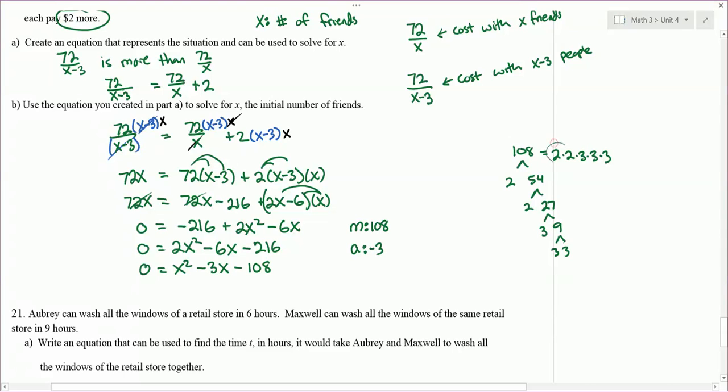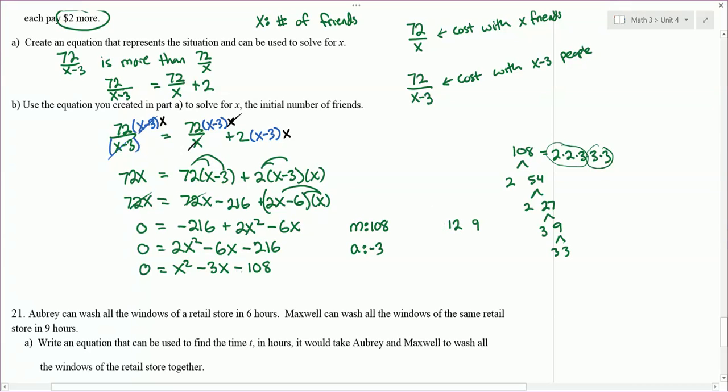Well, we could do 2 times 2 times 3 and 3 times 3. Well, 2 times 2 times 3 is 12. And 3 times 3 is 9. So we know 12 times 9 is 108. Can we make a negative 3 out of that? Not quite, if they're both positive.